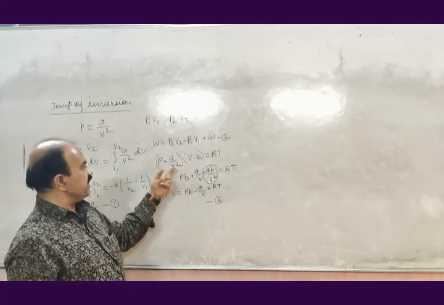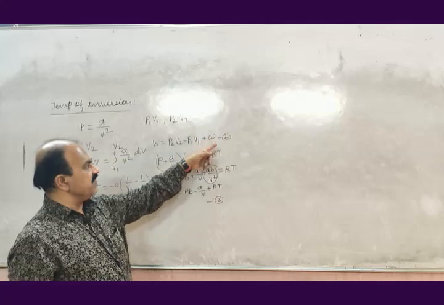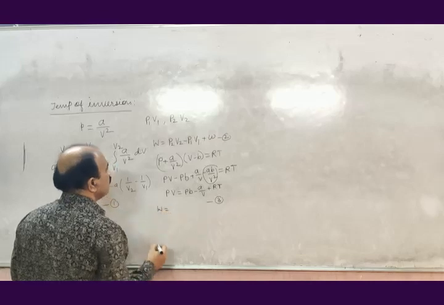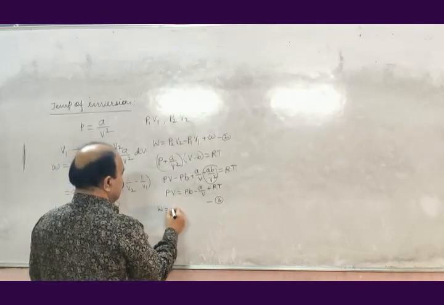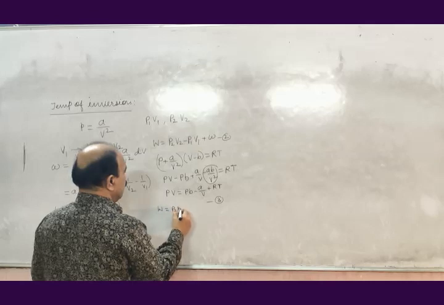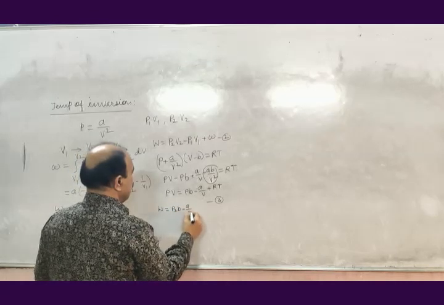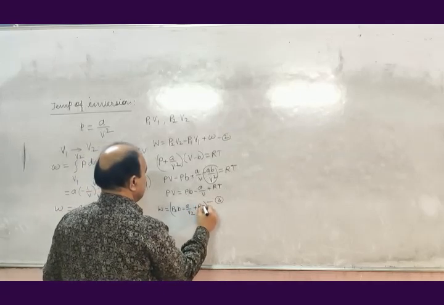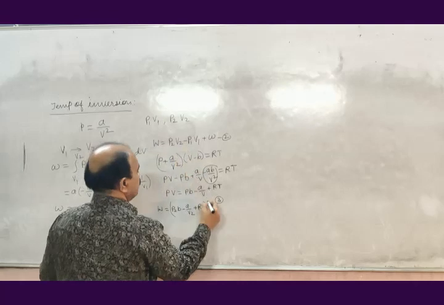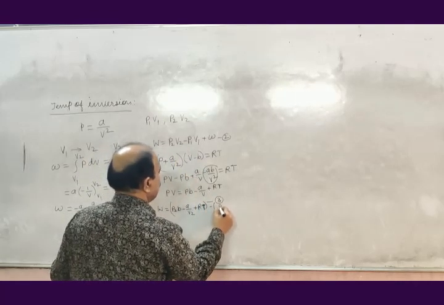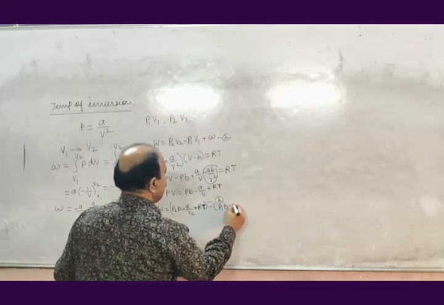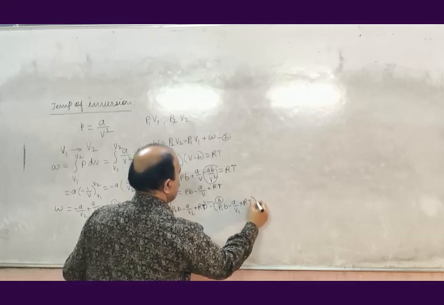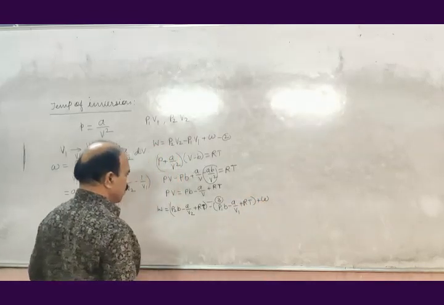Let us substitute equation 3 for volume V2 and volume V1. When we substitute equation 3 for P2 V2 and P1 V1 in equation 2, total work done will become W is equal to P2 V2 is P2B minus A by V2 plus RT, minus in the other bracket P1B minus A by V1 plus RT, plus small w.